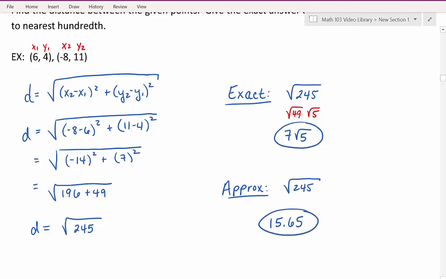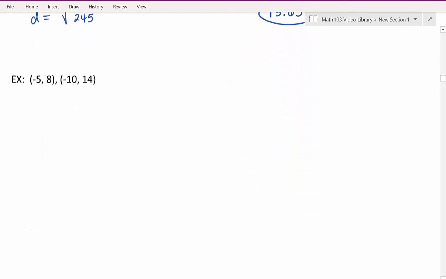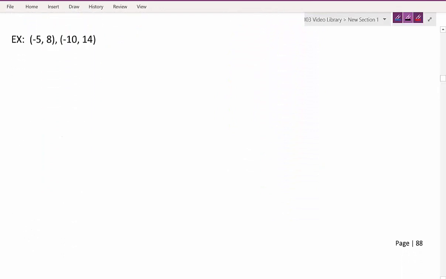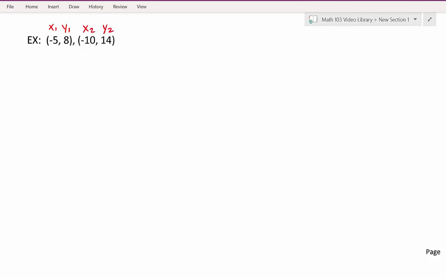Let's try another one. Let's find the distance between the points (-5, 8) and (-10, 14). We'll plug these numbers into our distance formula. I encourage you to write the distance formula every time until you have it memorized.